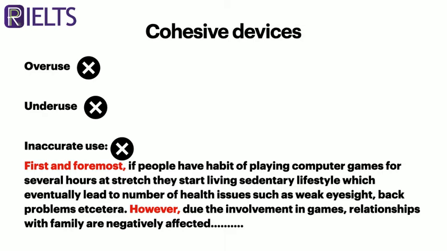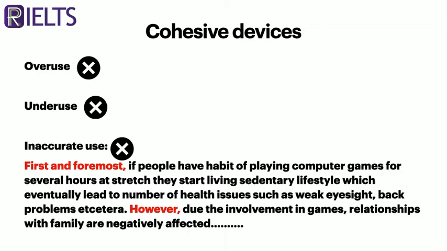So what I will recommend is to list down all the cohesive devices, search their use and examples over the internet, learn them, then try to use them. If you learn the cohesive devices but you do not know how to use them, then it is of no use.